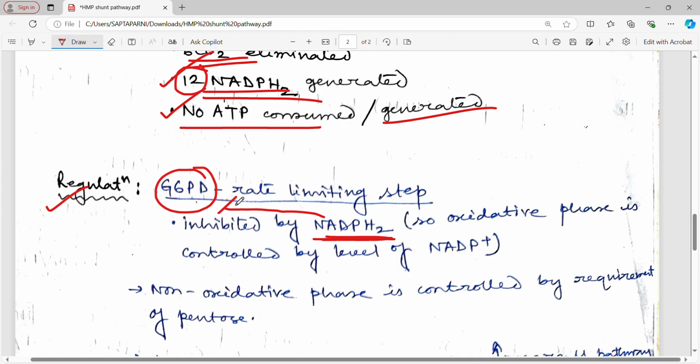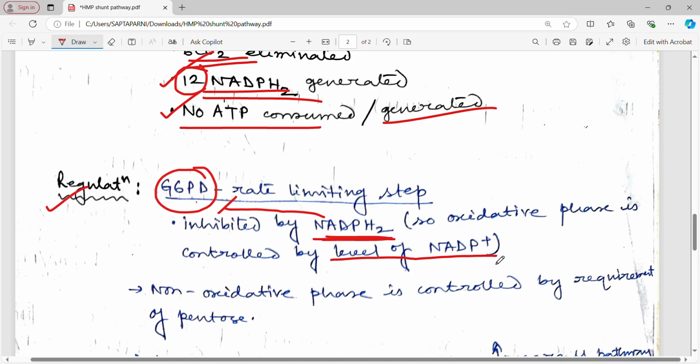That is why the excess amount of NADPH2 inhibits the G6PD enzyme, so that the overall pathway is inhibited. On the other hand, if you have a higher level of NADP plus in your body, you will try to convert it into NADPH2. So the level of NADP plus regulates whether the pathway will occur or not.